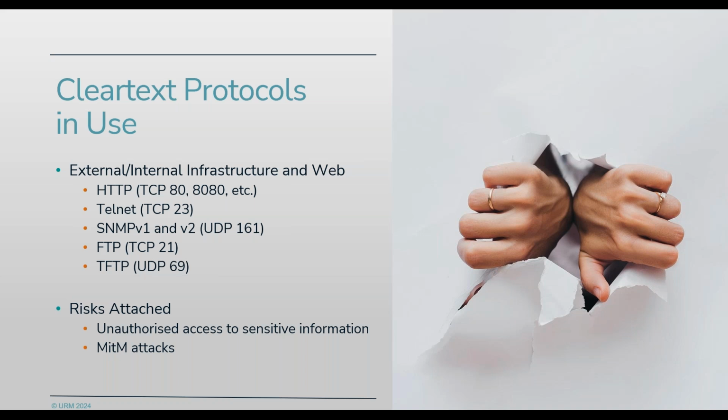So if you transmit any sensitive information like credentials when you log in, or account details in a web application, or anything that you would like to protect, that's going to be accessible by anyone performing a man-in-the-middle attack.